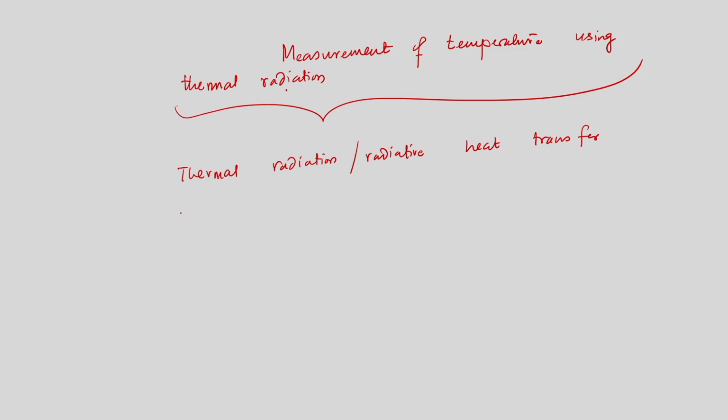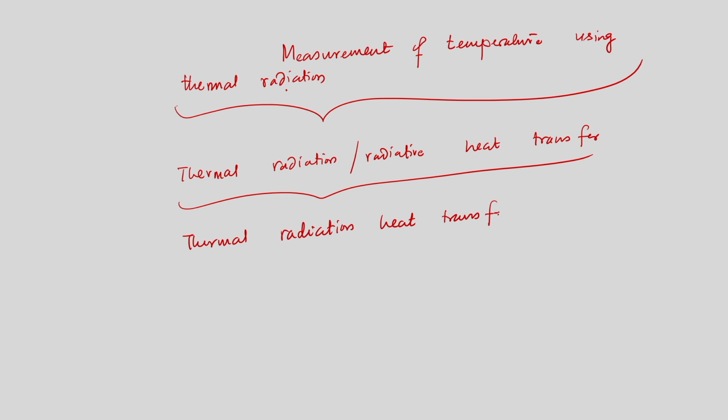So, the thermal radiation from a black body can be expressed as E_B equals sigma T to the power 4. That is what we have studied in our undergraduate heat transfer course.